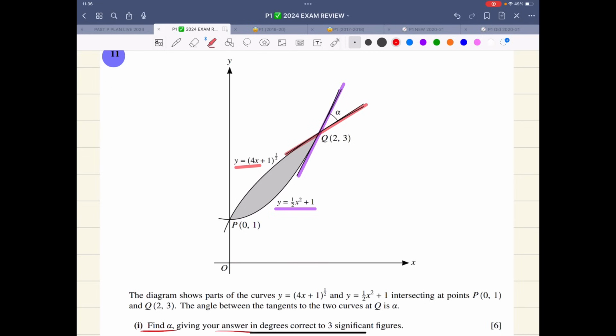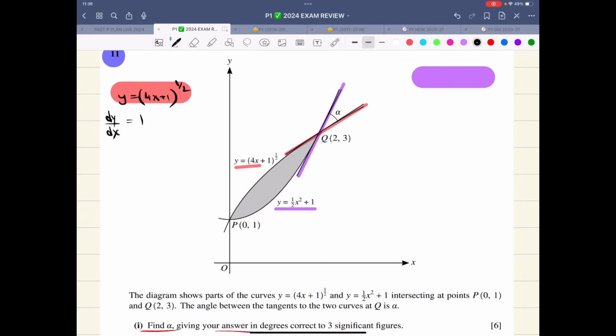So let me show you the working for both. y is equal to (4x plus 1) raised to the power of half, and it doesn't make a difference if I mix up the lines because it's based upon calculation, not the diagram. Diagrams are just for fun. dy by dx is half (4x plus 1) raised to the power of negative half into 4, just like the previous question, which is 2 over square root of 4x plus 1.